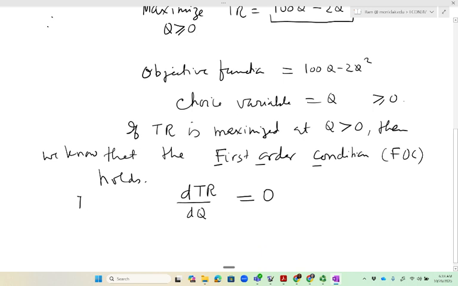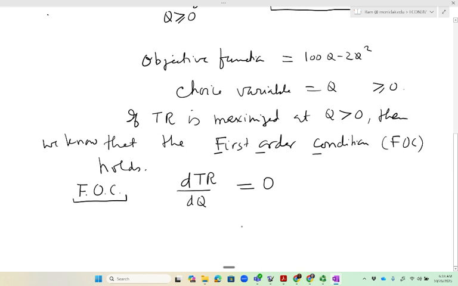Let me write it here as FOC as well. So I have the total revenue given as 100Q minus 2Q square. I will use this to find out the derivative.